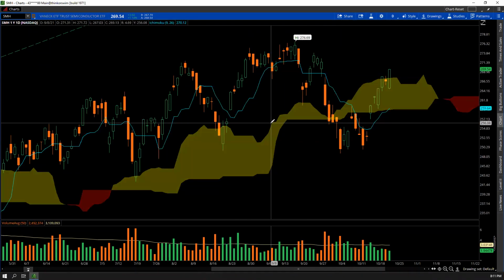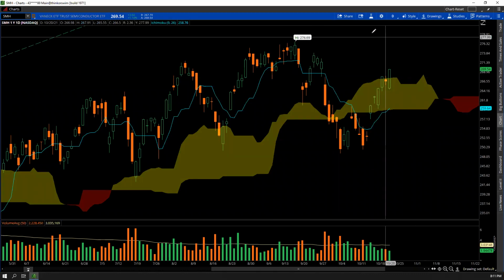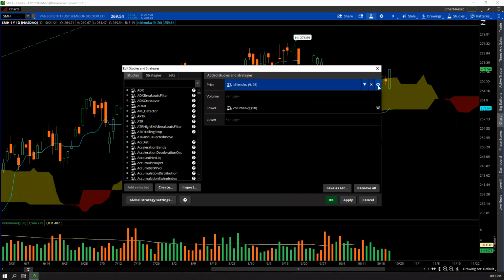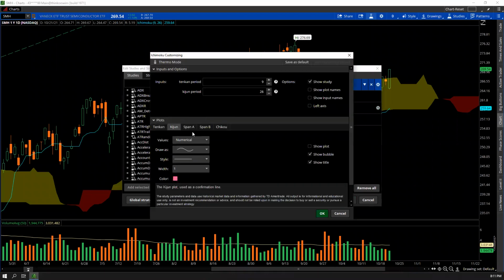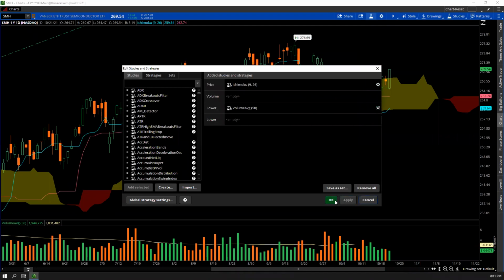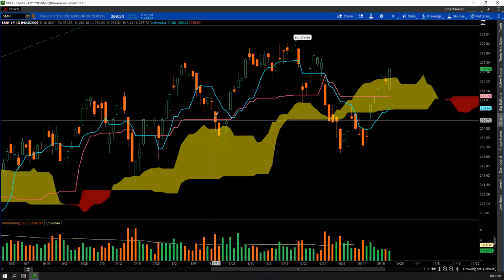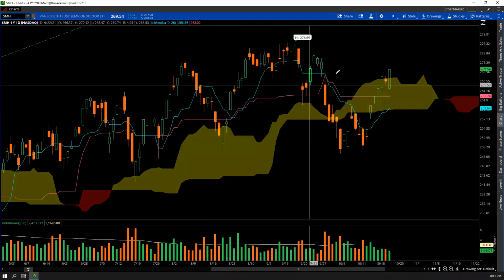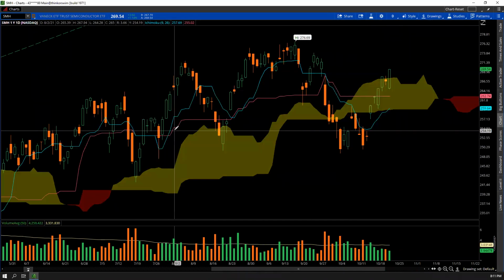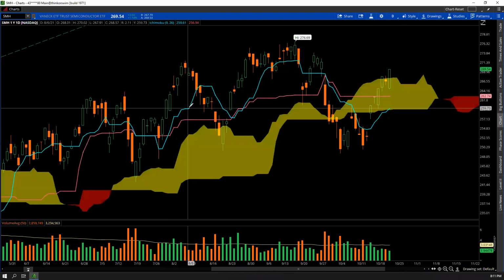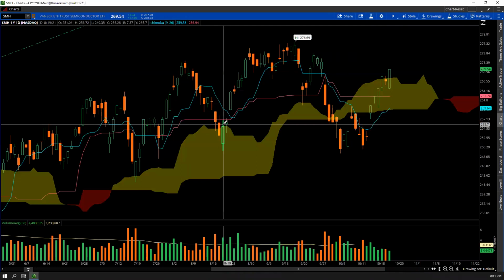The second thing I would like to see is the 26-period average. Let's go and add that. That is Kijun. This is a slow moving average, and there will be significance when price moves below or above this slow moving average.